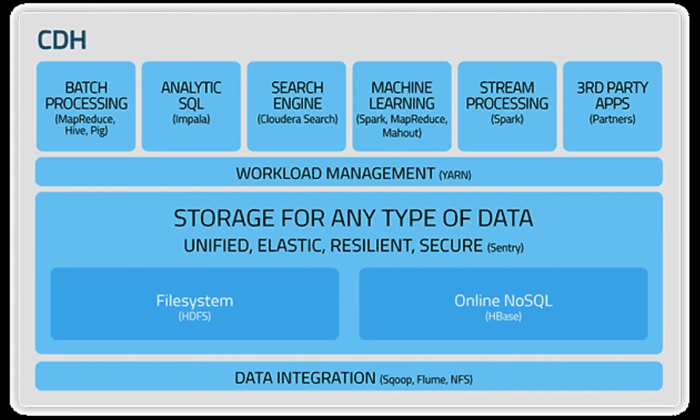Third party apps are like partners, as it is an open source ecosystem. If you want to embed some third parties into your Cloudera distribution of Hadoop with the support of Cloudera, that is possible. If you see the bottom layer, data integration: Sqoop, Flume, and NFS.